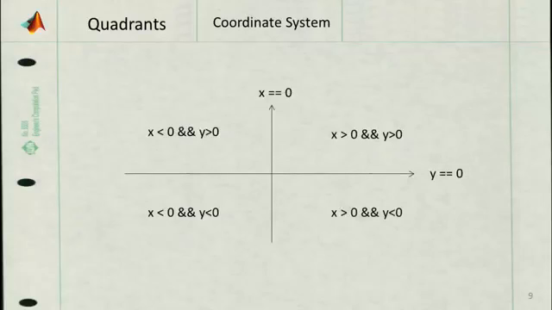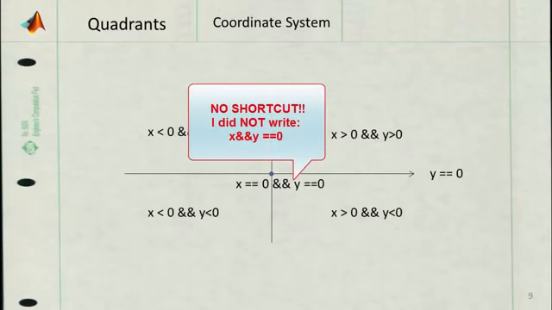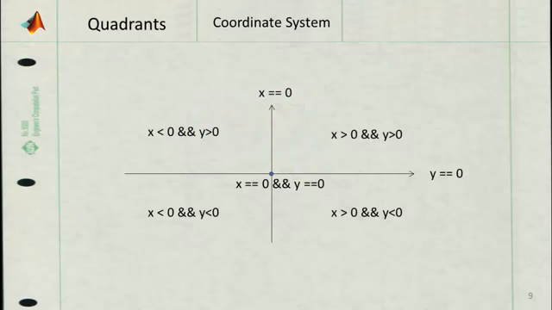Last, x is positive and y is negative. Now there's one particular point we haven't talked about yet, and that's the origin, where both x and y need to be equal to 0. So even to describe a coordinate system, I have 7 conditions to check.